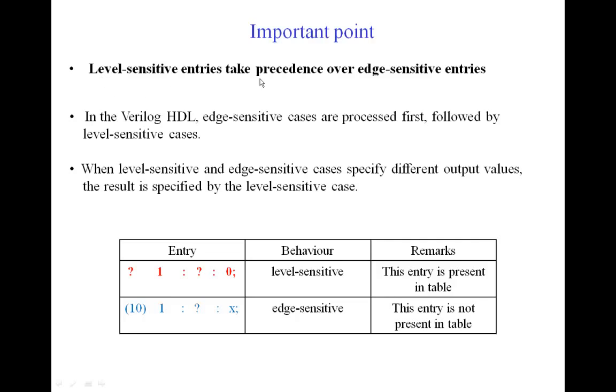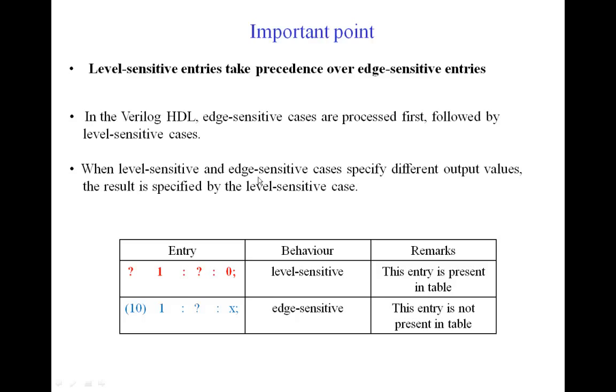Level sensitive entries take precedence over edge sensitive entries. That means in Verilog, first edge sensitive cases are processed, followed by level sensitive cases.